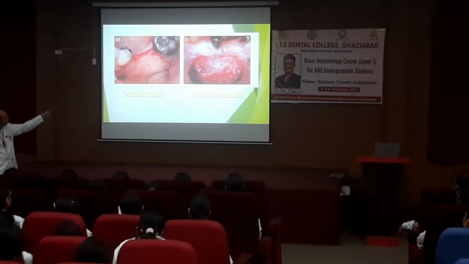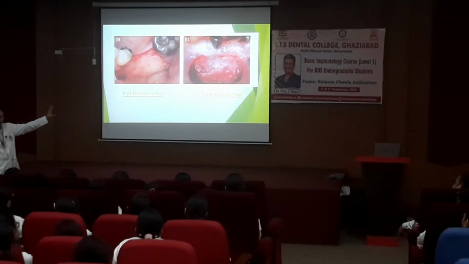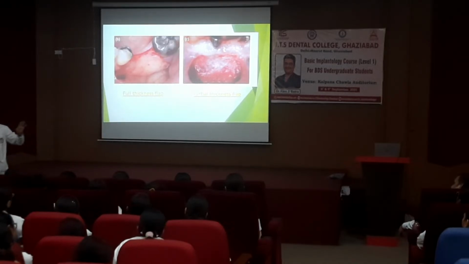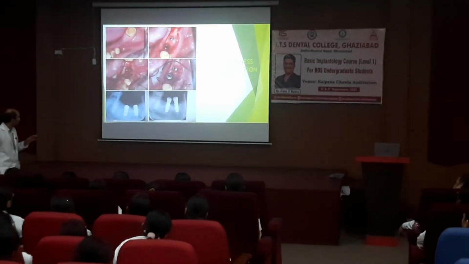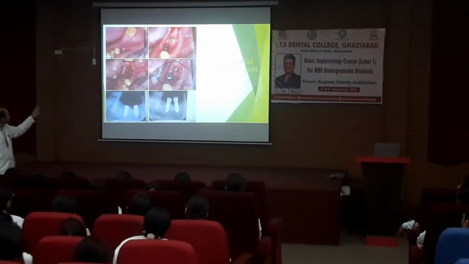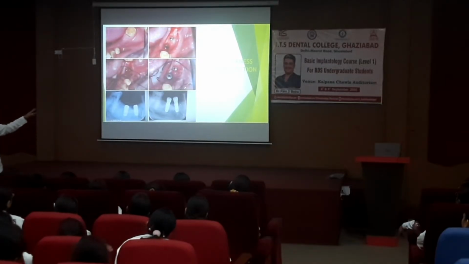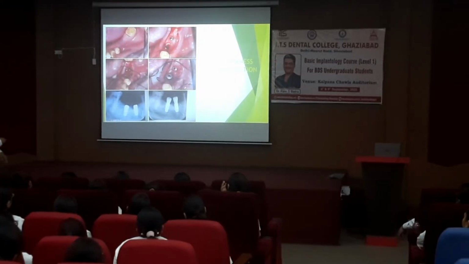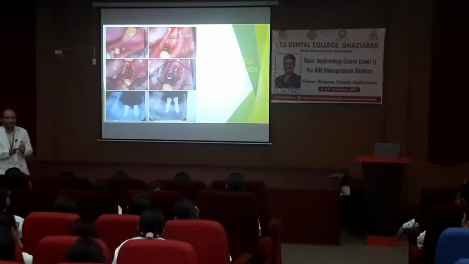Can you see the bone and can you see some amount of soft tissue covering the bone? That is your periosteum and your connective tissue. This is the case where augmentation was done. If you can see around the implant, you have a circumferential defect, grafting was done, a membrane was placed and then suturing was done. So in such a case, I need to reflect a full thickness flap, isn't it?